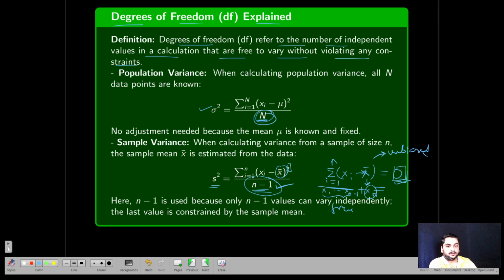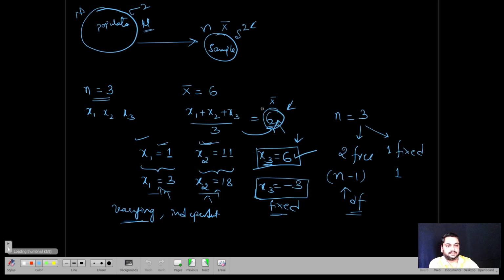Why is it n here, not n minus 1? See, because already this is known. You are finding this because you want to estimate the population mean. But when you already know the population mean, there is no need, because this value you already know. Here I don't know this value. Take this example.